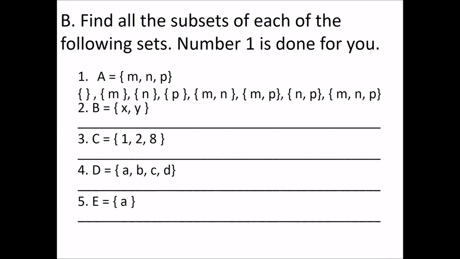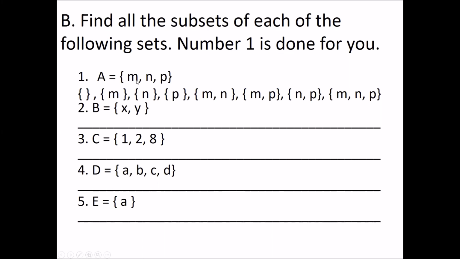So find all the subsets of each of the following sets. Number 1 is done for you. For example A, we have the elements M and P. The first is the null set, because it is a subset of any set.